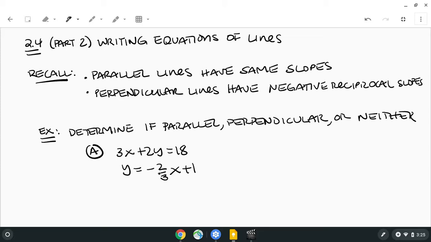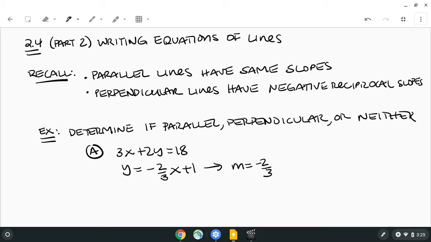For the second equation over here, negative 2/3 is the slope, okay? But up here, it's written in standard form, so identifying the slope is not as easy as the second equation. But let's go ahead and write down what the slope is here. So for this one, our slope is negative 2/3.